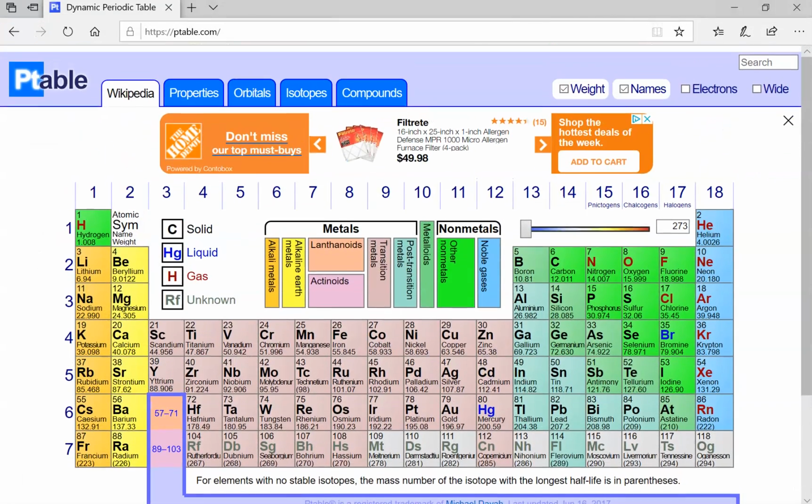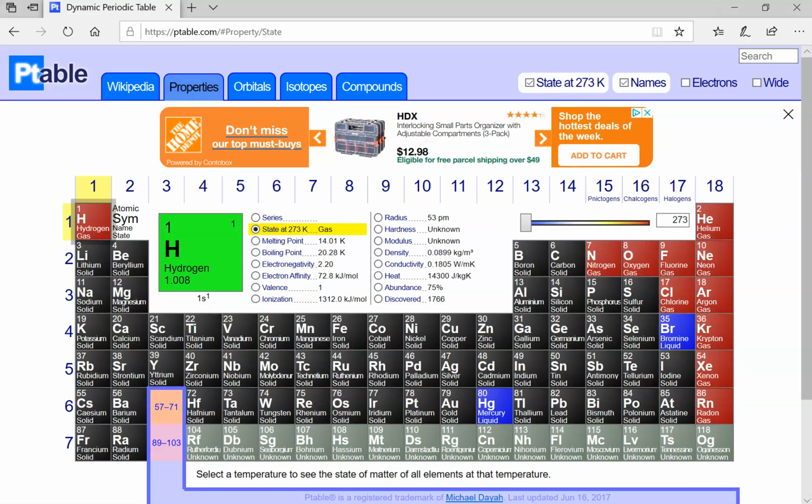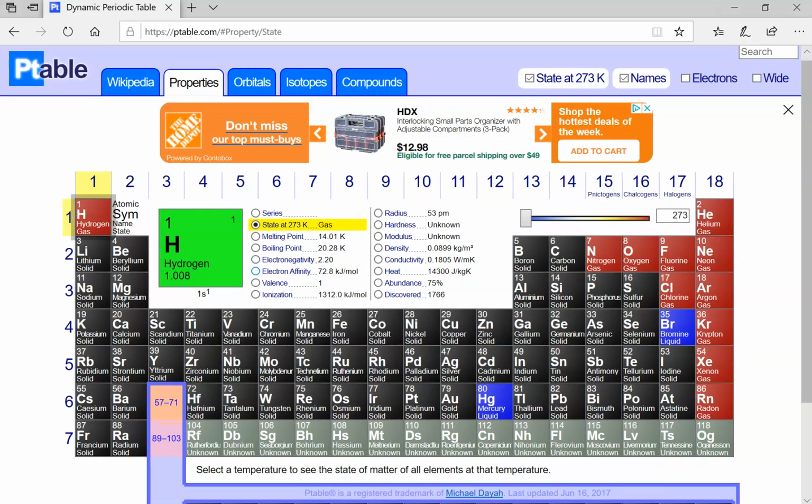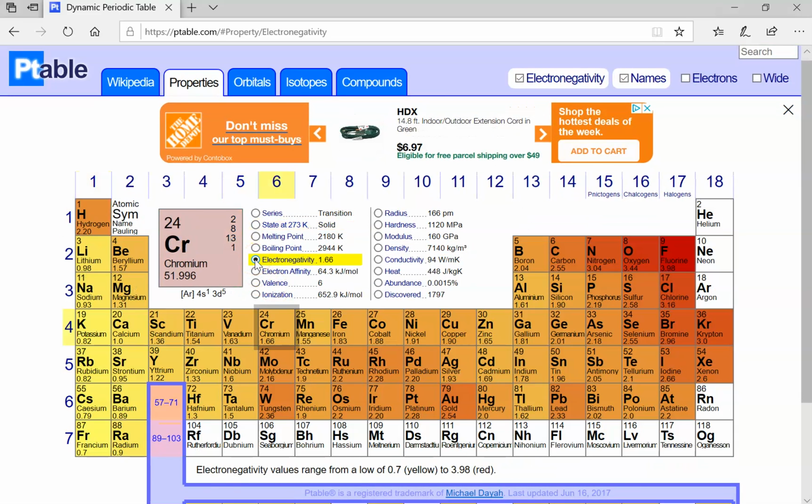I'm going to see if I can find electronegativity properties. Electronegativity. Look at that. 2.66, 1.81. What's the difference there? 0.8? Yeah.